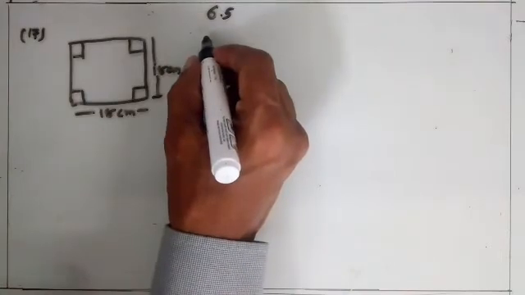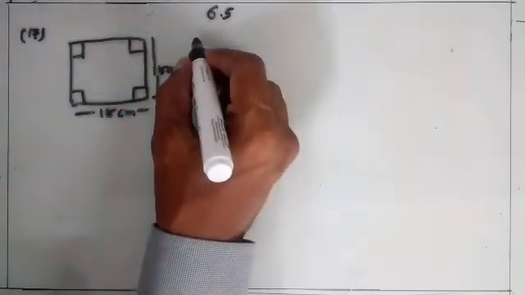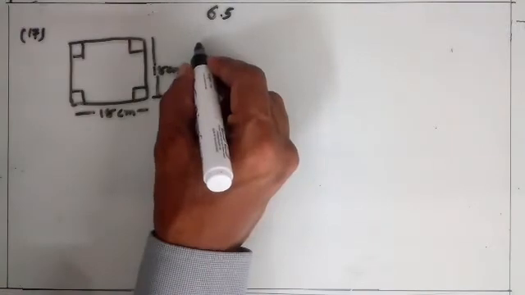After cutting 4 squares from the 4 corners and folding the flaps, we get this type of box.